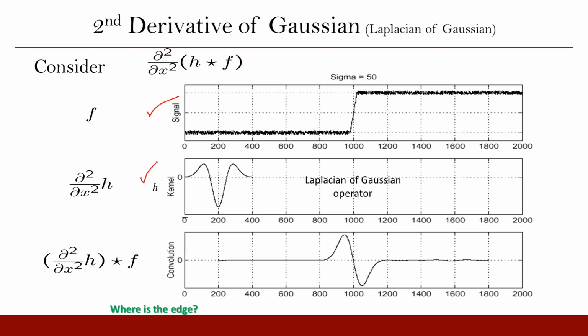This is the Laplacian operator, and we are applying it on this intensity profile, and we are getting this output. Now to look for an edge pixel in this output, we have to look for the zero crossing. You see zero crossing is happening here. So this point corresponds to the edge location in this 1D profile.